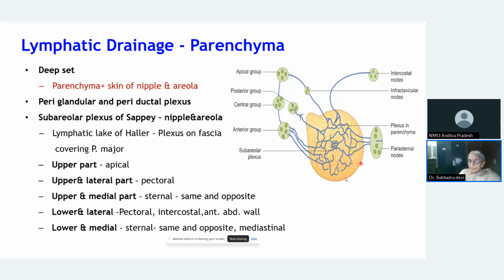In relation with the fascia covering the pectoralis major, there is a plexus that is called the lymphatic lake of Haller. So the upper part goes to the apical group of lymph nodes, upper lateral same as pectoral, upper medial will go towards the sternal, lower lateral go to the pectoral, intercostal, anterior abdominal wall, lower and medial will go to the sternal, and the opposite side also.